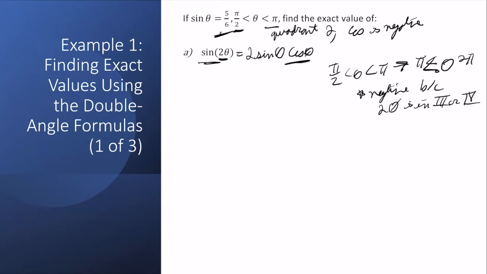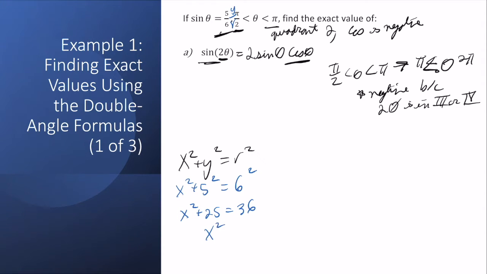So we're going to find that by solving our equation for a circle, remembering that sine of theta is y over r. So if I have x squared plus 5 squared equals 6 squared, that gives me x squared plus 25 equals 36.